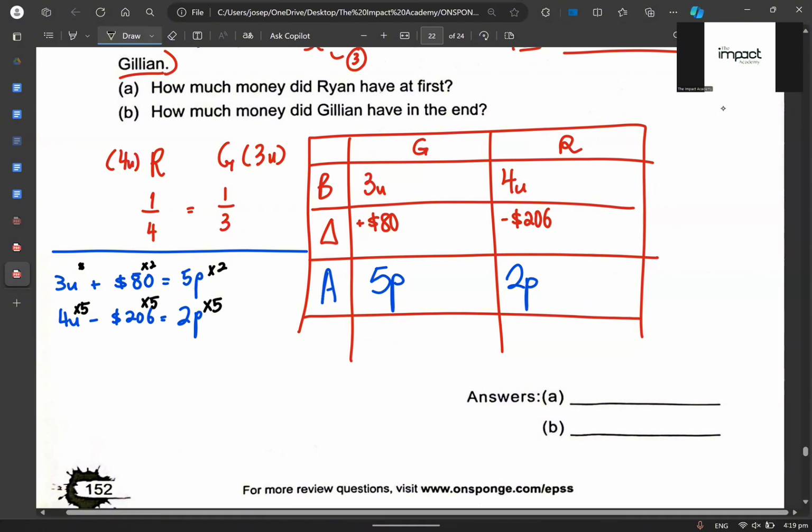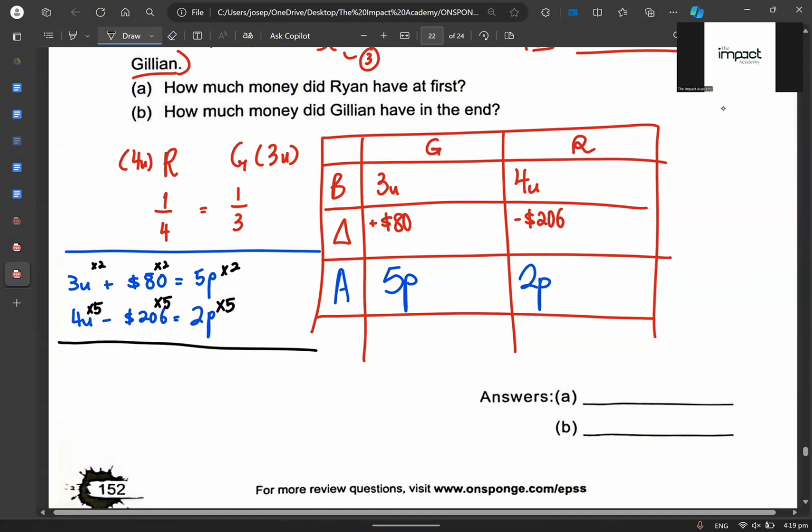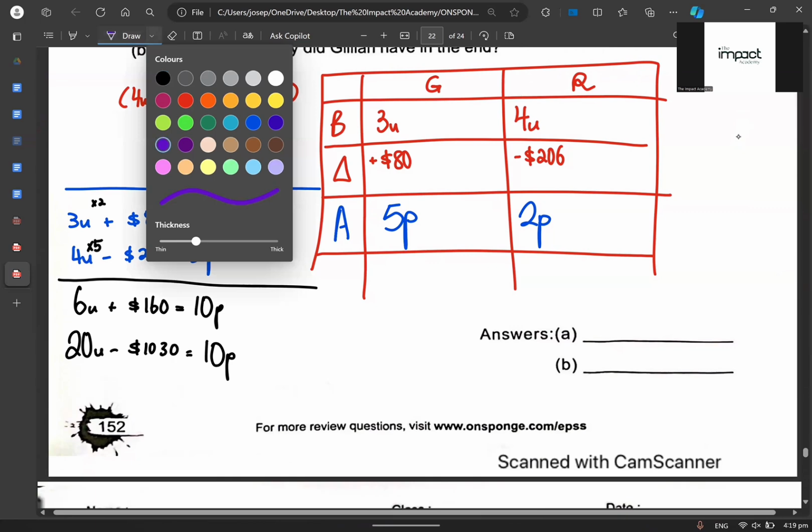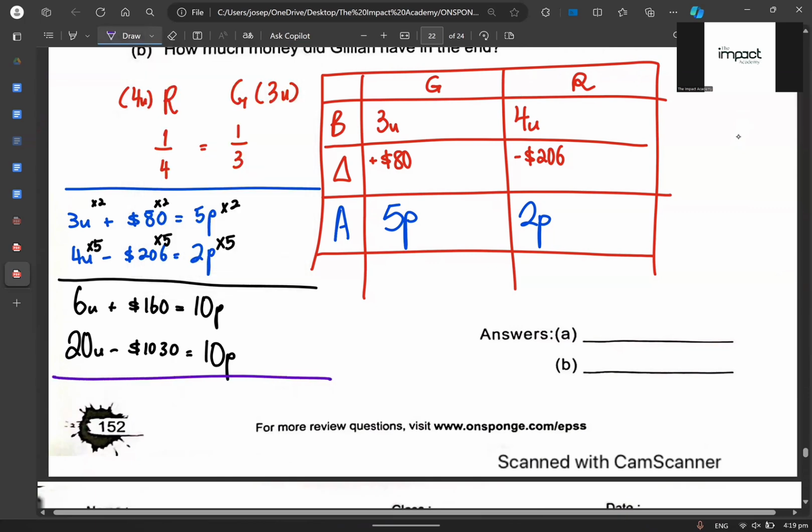Gideon originally had 3 units and Ryan originally had 4 units. Alright, 6 units plus $160 is equals to 10 parts. 20 units minus 1030 is equals to 10 parts. Do you understand?